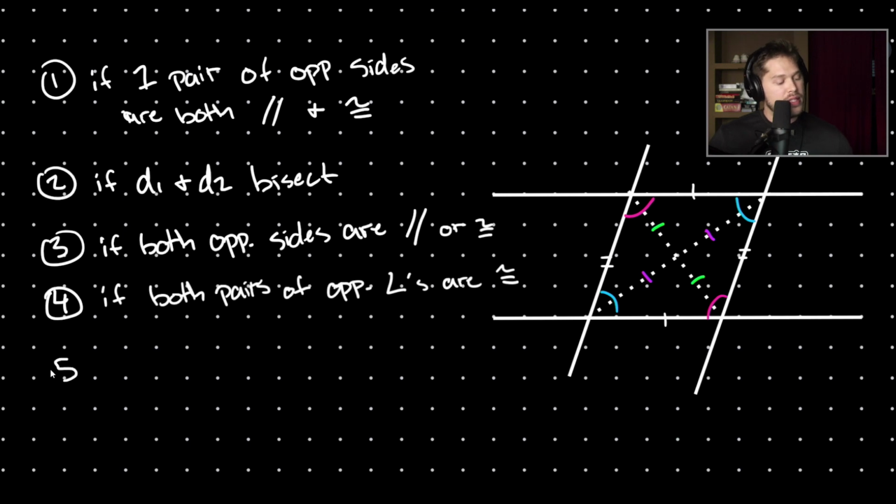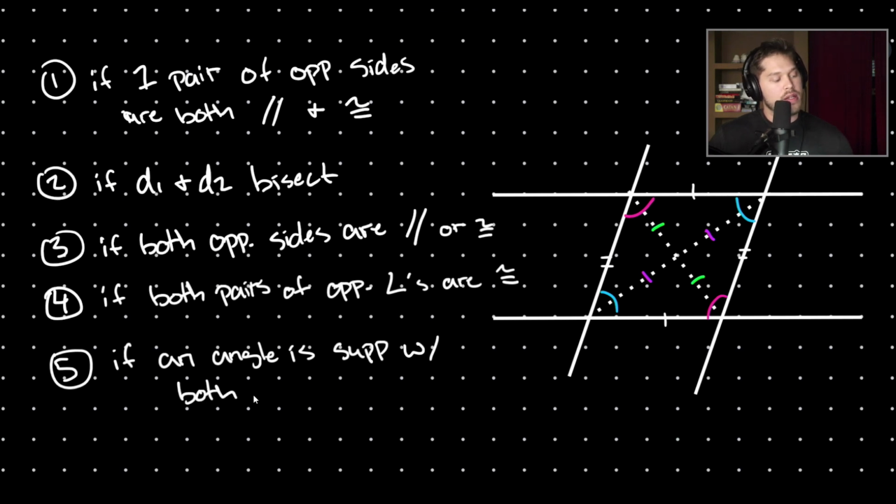And then lastly, if one angle is supplementary with both of its adjacent angles, then your shape is a parallelogram. So we'll say if an angle is supplementary with both of its adjacent angles.